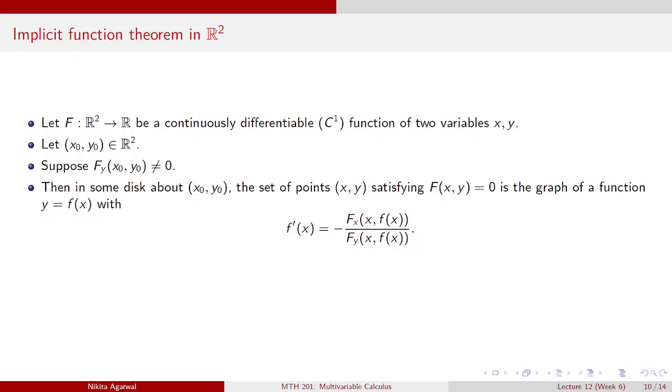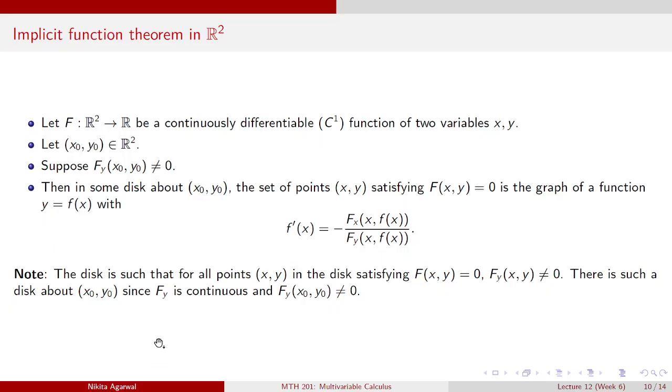So the curve can be written as graph of a function y equal to fx if your partial derivative with respect to y is non-zero. And from the previous discussion, f prime x should be negative of fx, x comma fx divided by fy, x comma fx, and this holds in the entire disk.